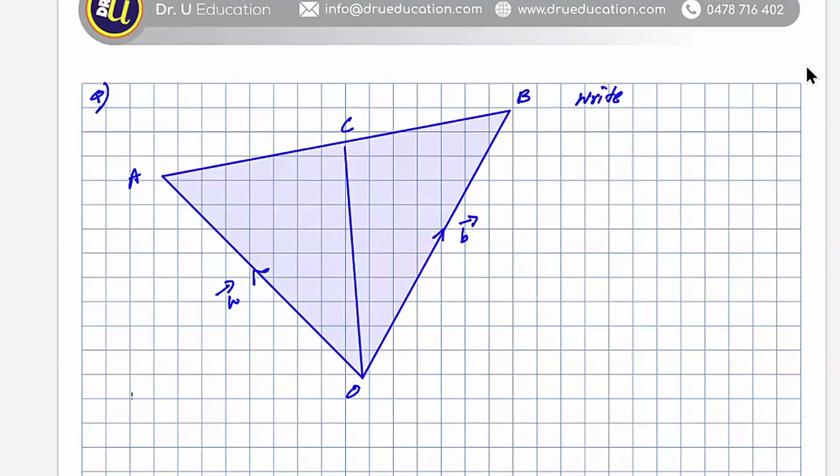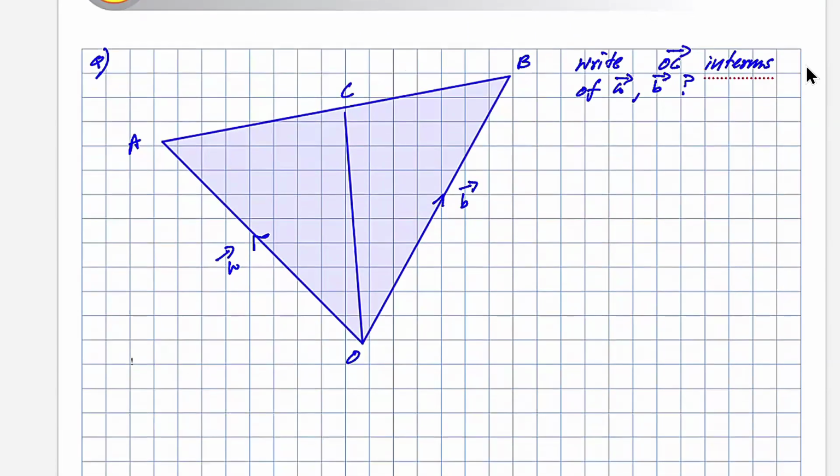This I will do with you. Write OC vector in terms of A and B. Okay. So now the way it is given to you, AB vector I'm going to write as B minus A. That we know, right?